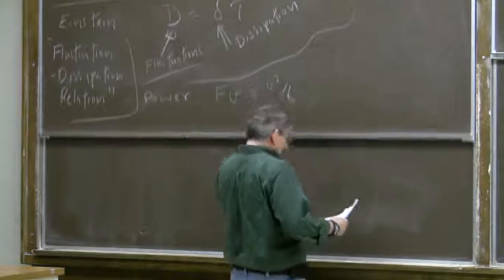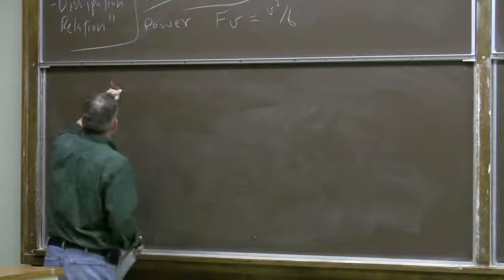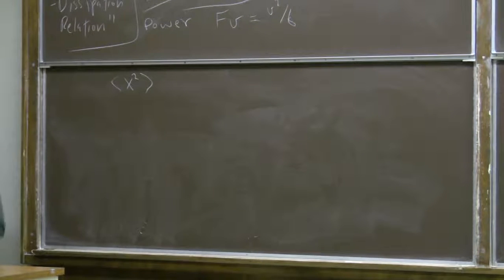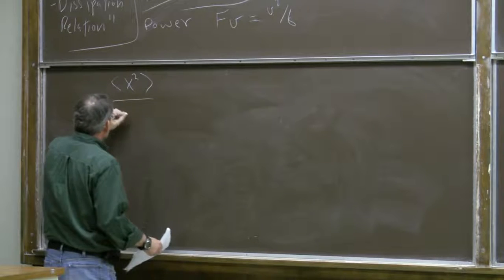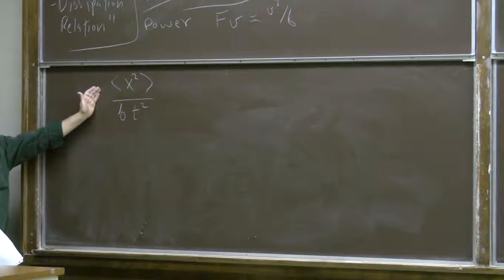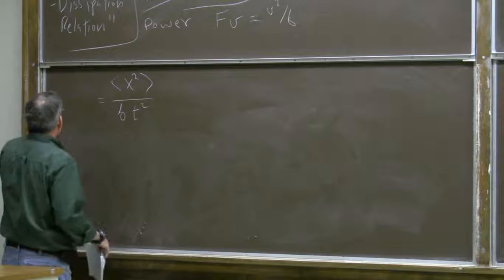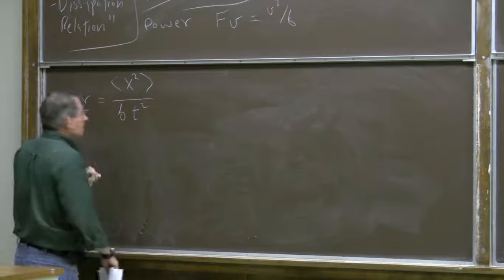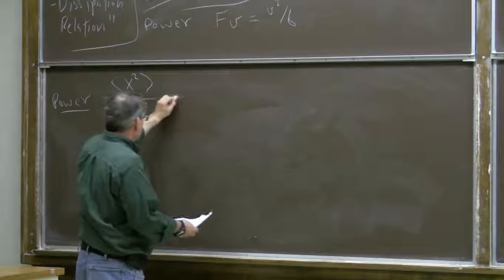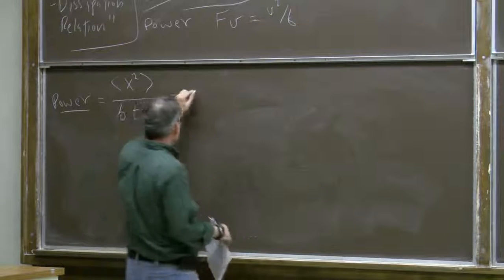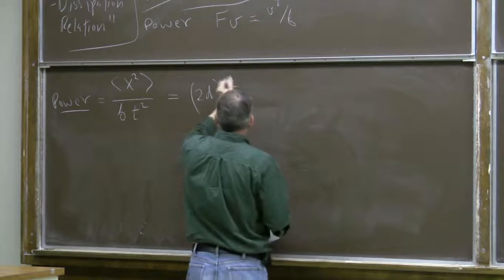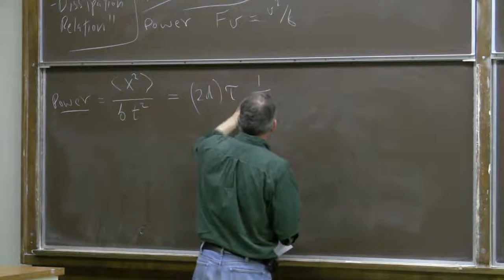And so if I look at the mean square distance traveled by a diffusing particle and divide by t squared, this is like v squared over b. So it's something like the power being dissipated by the diffusing particle subject to force. And in d spatial dimensions, it would actually be equal to 2d times the temperature times 1 over t.